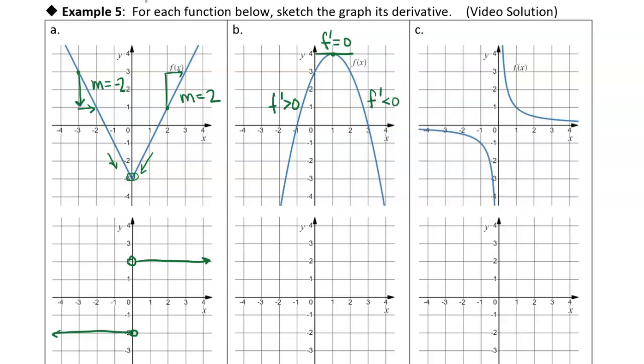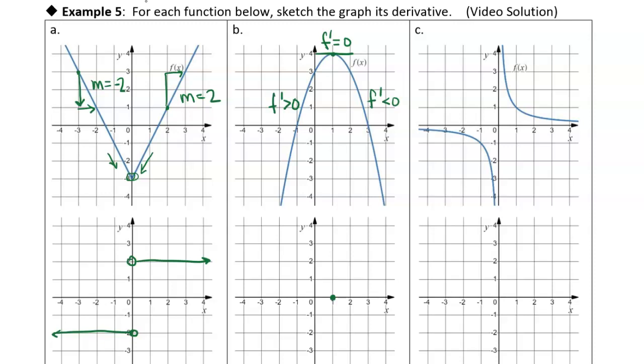So I'm trying to sketch the graph of the derivative down here. I know where it's 0: it's 0 when x is equal to 1, so I can plot that point. Then the slope is positive, because the function itself is increasing when x is less than 1.